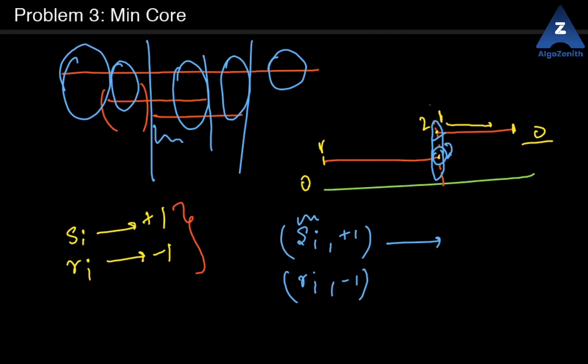One more way you can do this problem is by doing the -1 at Ri +1, and in that case you will take Ri's first. This is just another implementation level detail, but if you do -1 at Ri +1 and +1 at Si, you just need to keep these in a vector and then sort it.